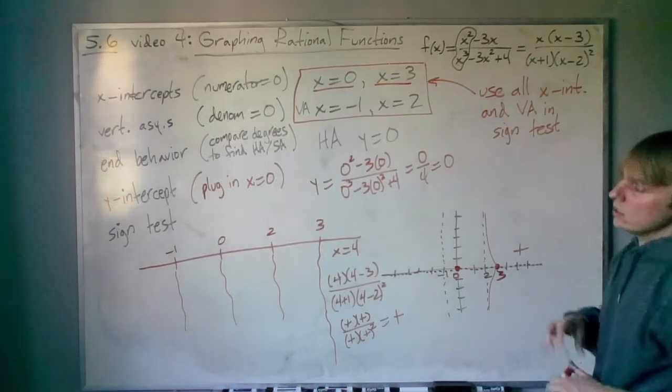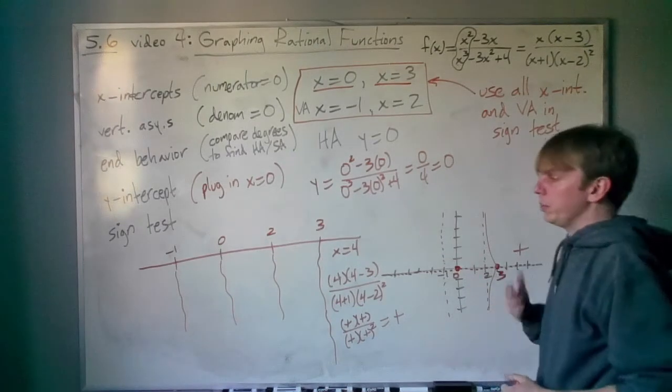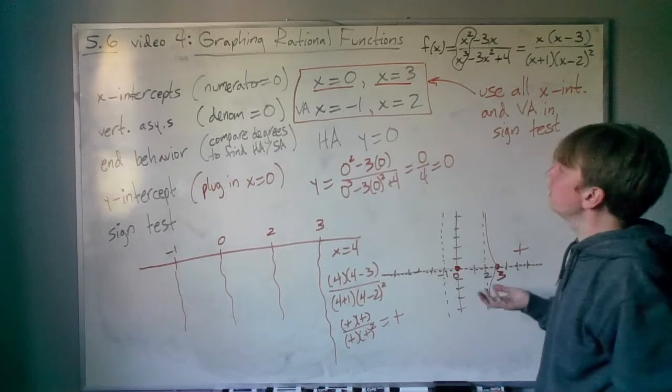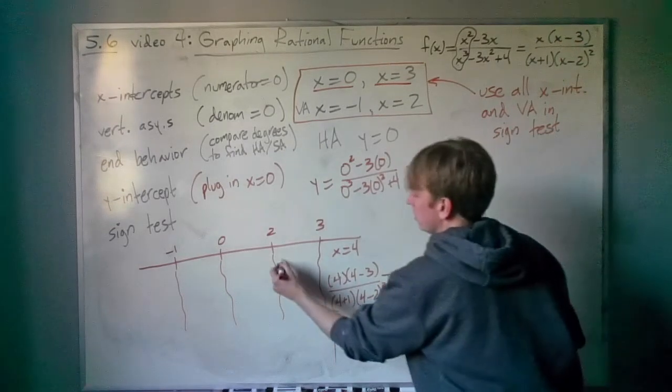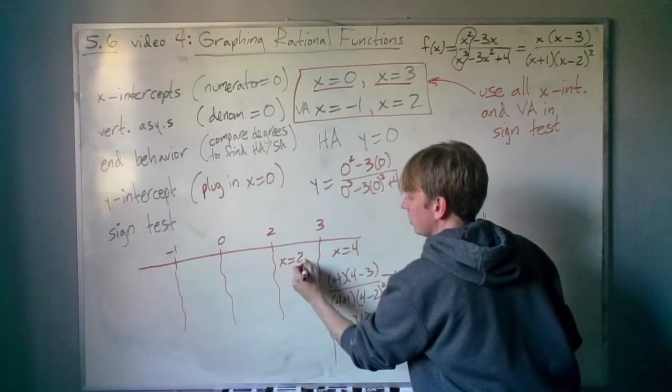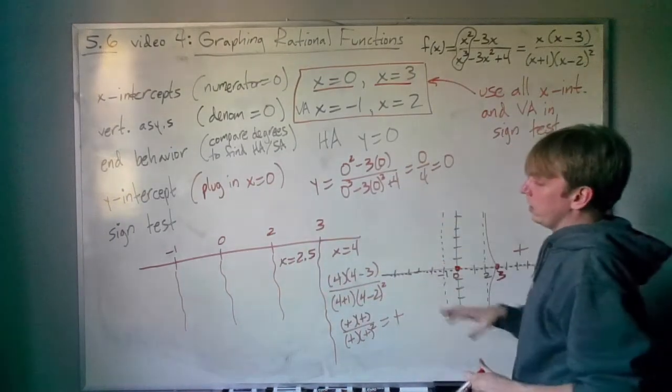Okay, numbers between 2 and 3, I would pick my favorite number, maybe plug in x equals 2.5. And just check each of these guys, is it positive or negative? Okay, so let's try and do it without writing down all the numbers.